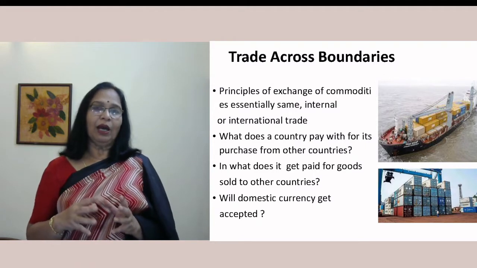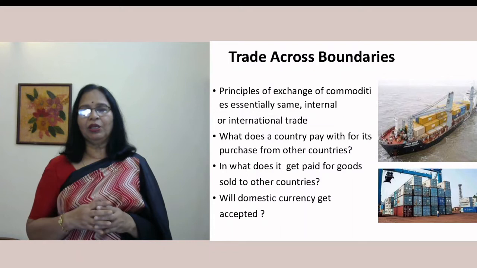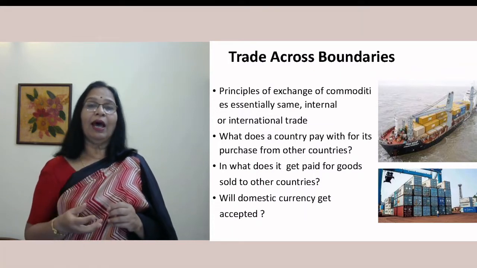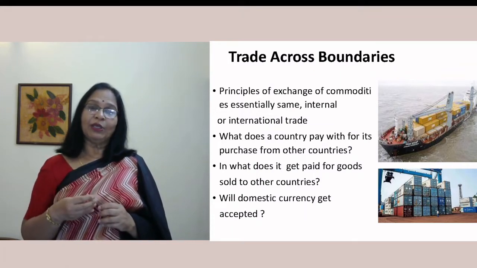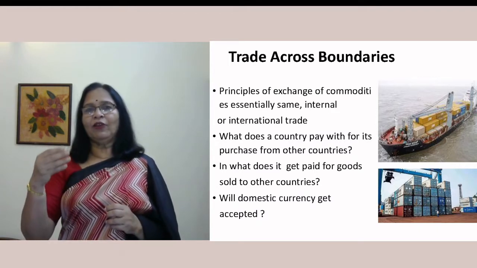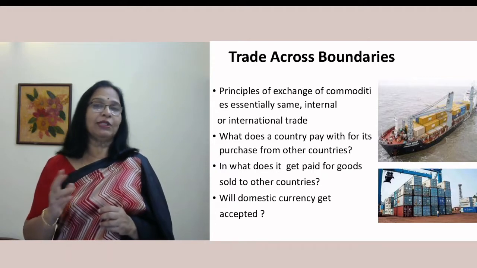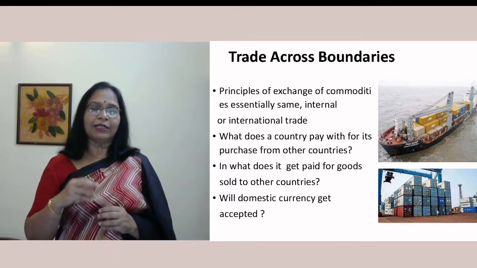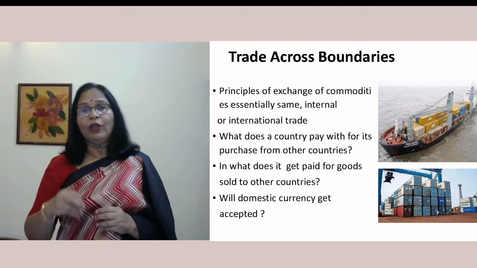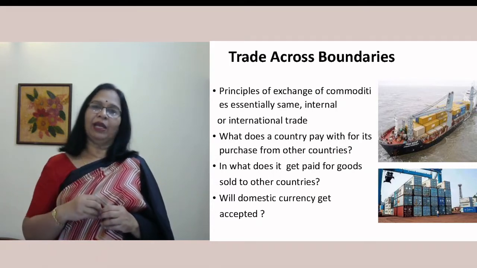But once we are trading across the boundary, we get into a difficult position, because the currency we have with us, with which we want to buy something, is not acceptable as a medium of exchange in their country. So they are not willing to sell us something while accepting our currency. Similarly, we are not willing to sell our commodity to another country and accept their currency.